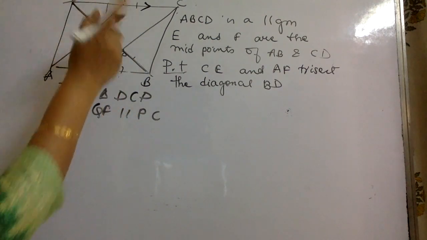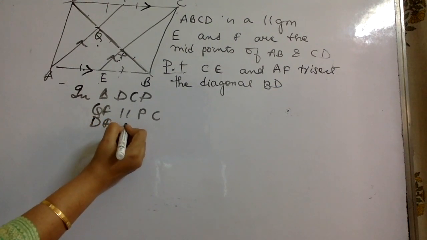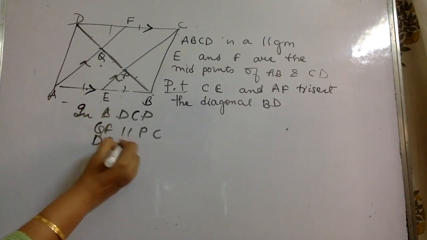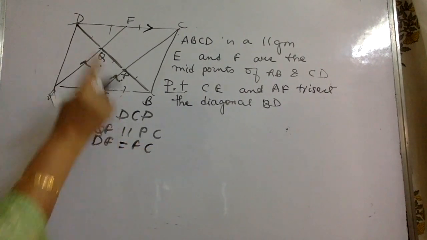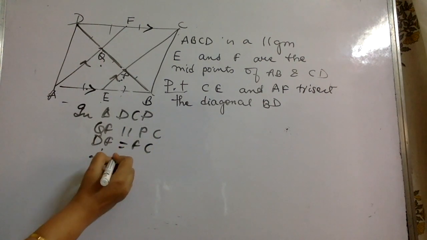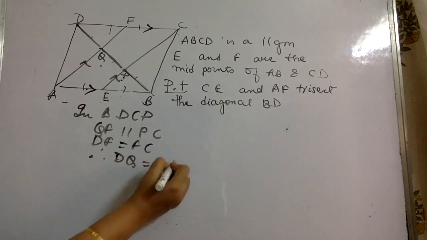Here it is already the midpoint, so DF is equal to FC, that is given. Therefore, DQ is equal to QP.